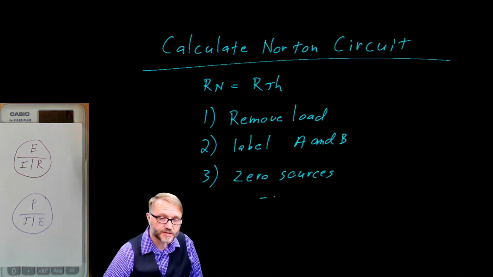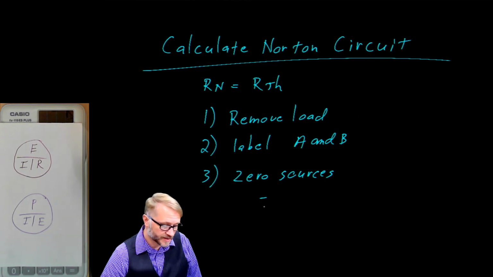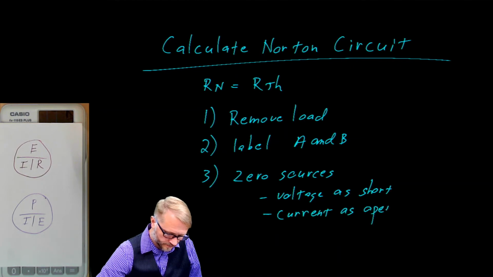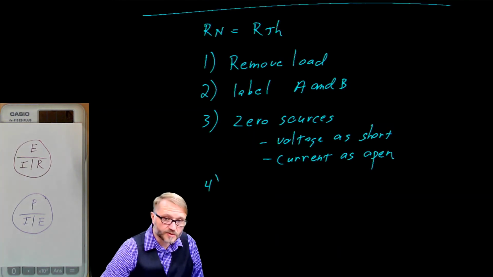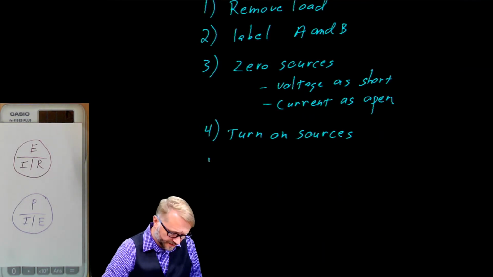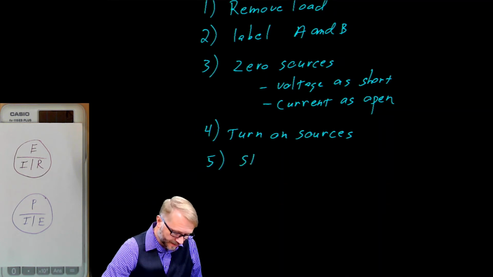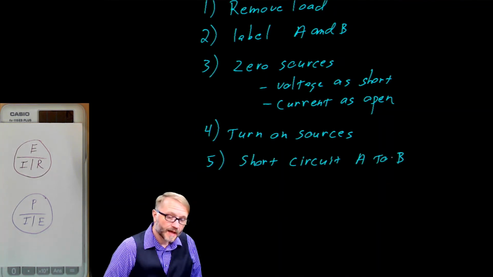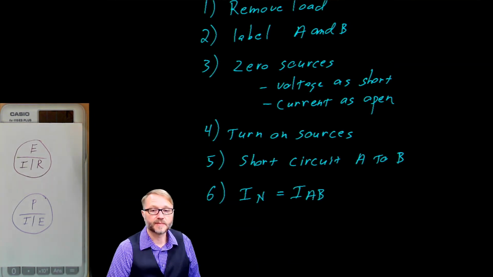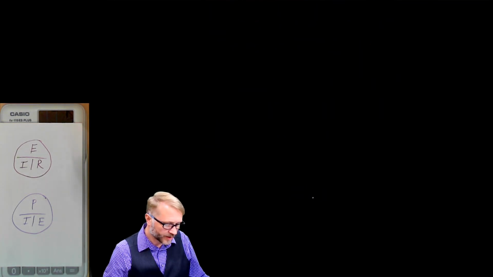And remember, voltage sources were shorts and current sources were to be opened. From there, you turn the sources back on. And this is different. This is something new. You're going to short circuit A to B. And then you're going to calculate the Norton current as the current which flows in A to B. Let's work an example.